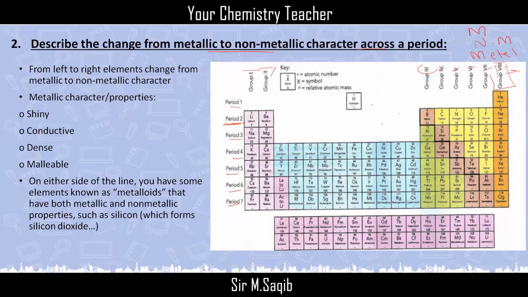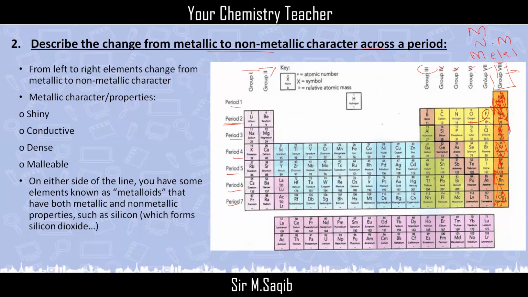Group 8 has already gained that stability, so they do not need to react. So just ignore group 8A for now. I am going to remove this group over here.